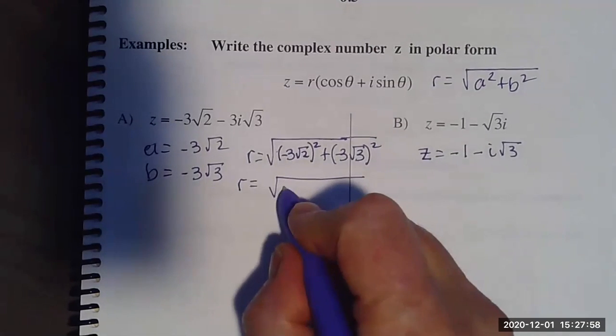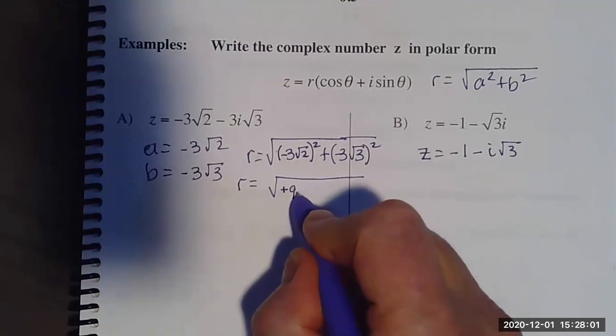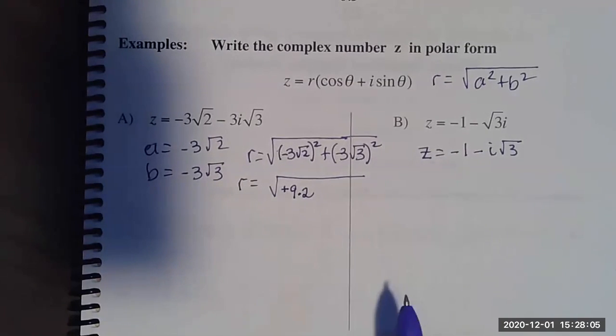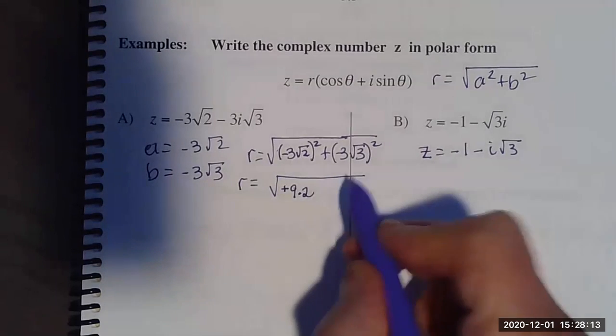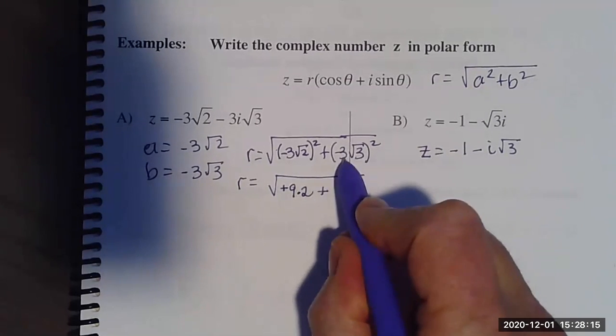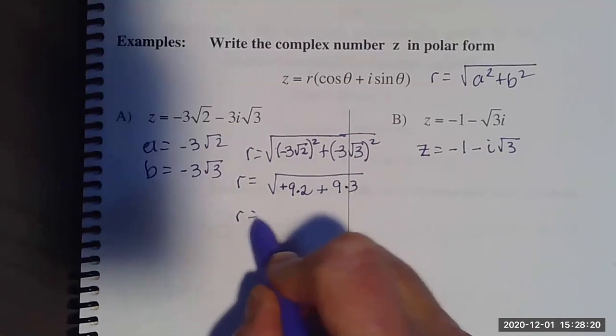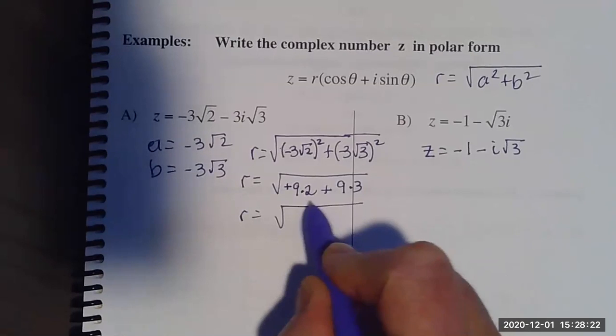So this would be positive 9 times 2. 3 squared is 9. Root 2 squared is 2. So 9 times 2. And then over here, plus, positive again, 9 times 3.